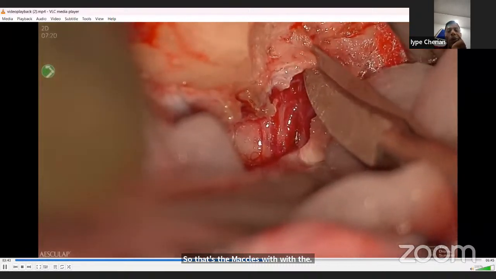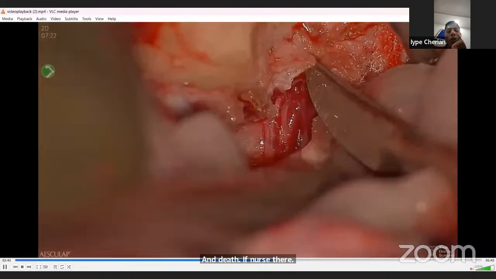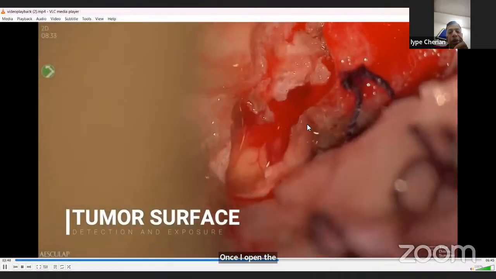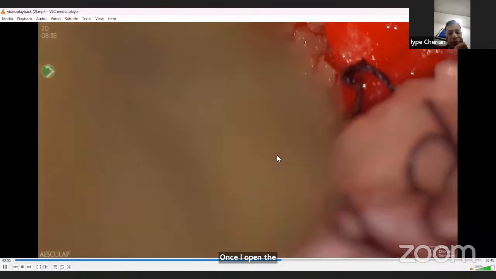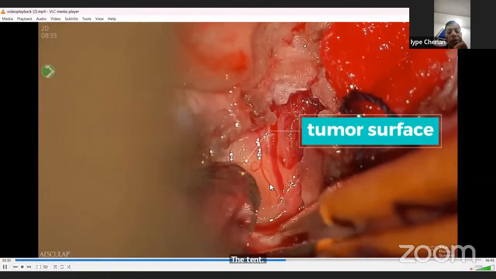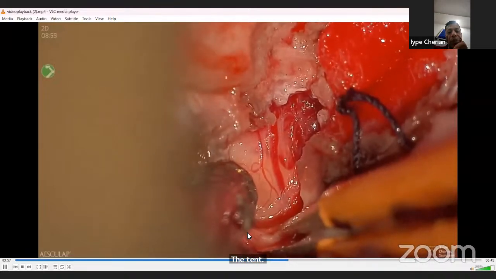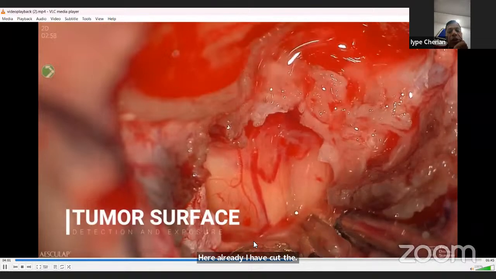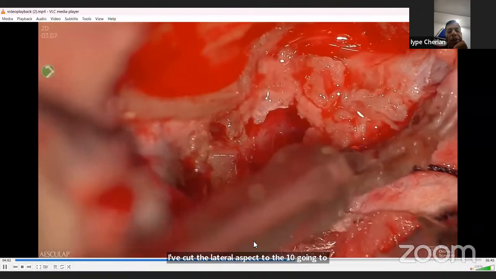Once I open the Meckel's cave enough, then I'm going to open the tent. Here I have already cut the lateral aspect of the tent, going to the medial aspect of the tent, completely opening this.